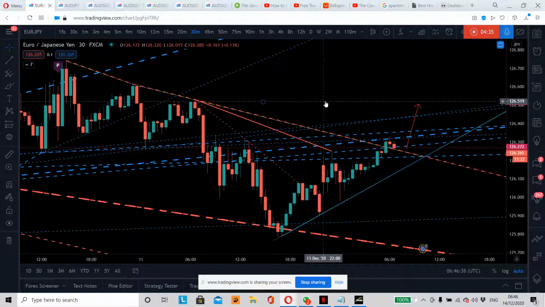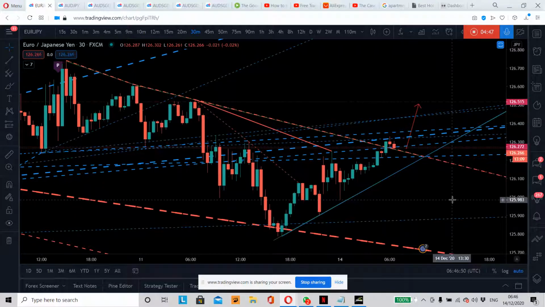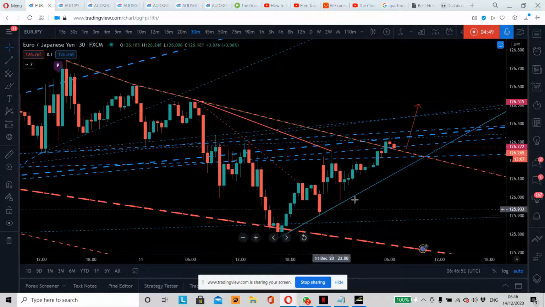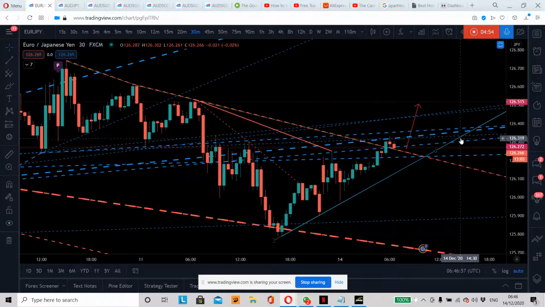Some people, I know you'll be wondering about where you might exit. I don't usually set a stop loss, but if you want to set a stop loss, it's totally up to you, because as you can see, this area is also highlighted as a new channel that's forming, which has not finished forming.